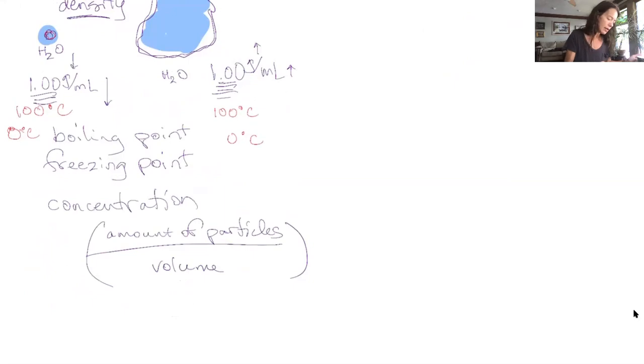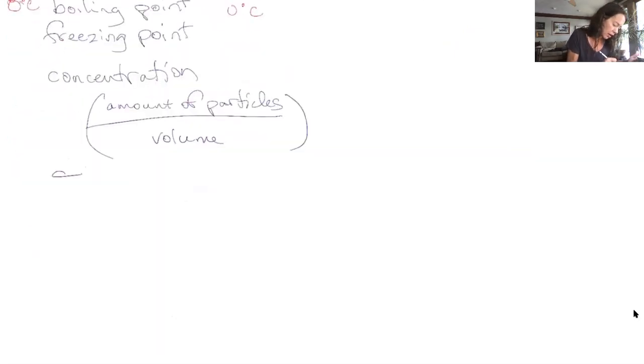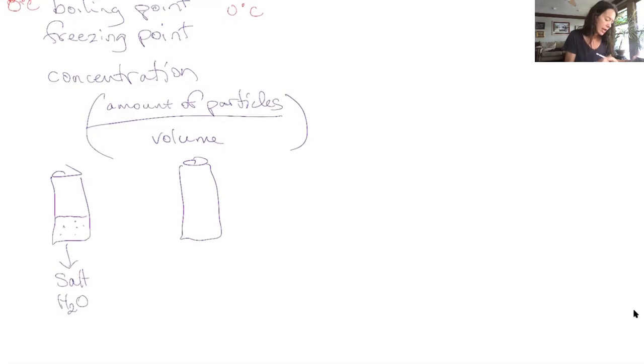So imagine that we have two samples of water and one is a large sample, and let's have salt water, right? So in here we have salt water, that's our solution, and it's got some salt in it. So I'll put 1, 2, 3, 4, 5, or I'm not gonna worry about it. And if I was to take and pour a small amount of this into here, right? That's kind of weird, I'm sorry.